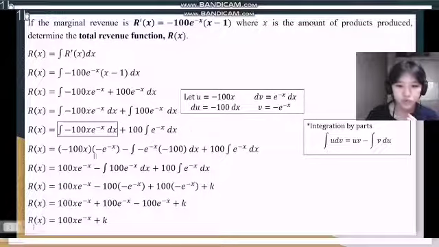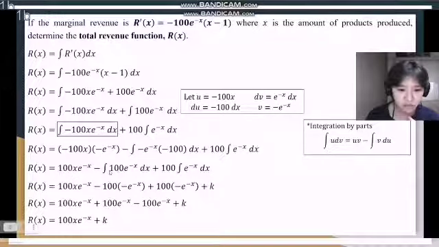So uv minus the integral of v du. This is the integration by parts applied here. Then we copy back the previous term because we still haven't integrated it.